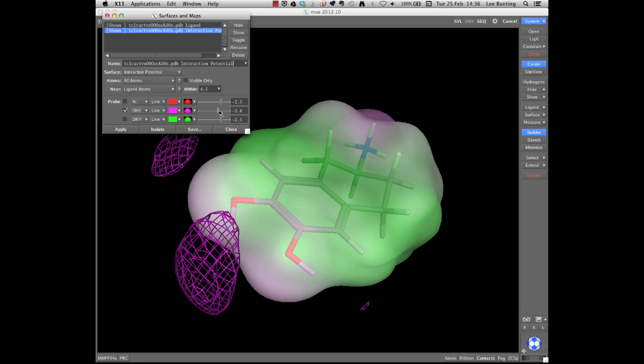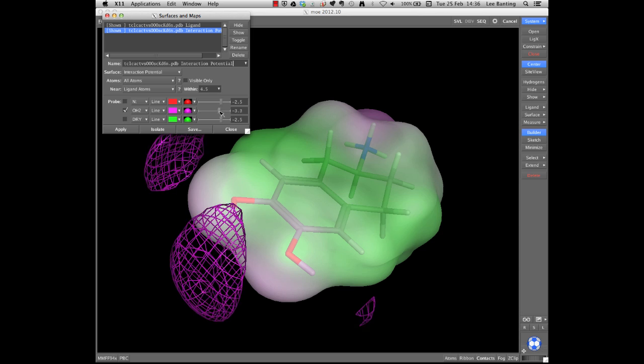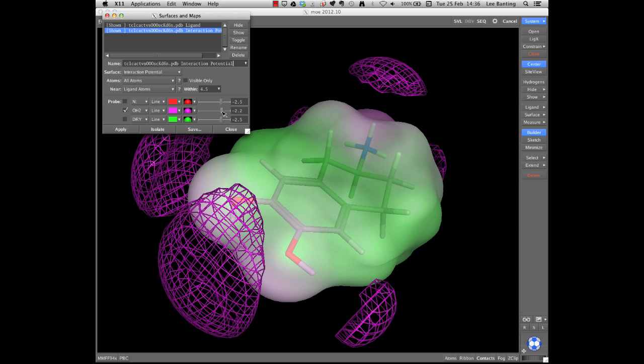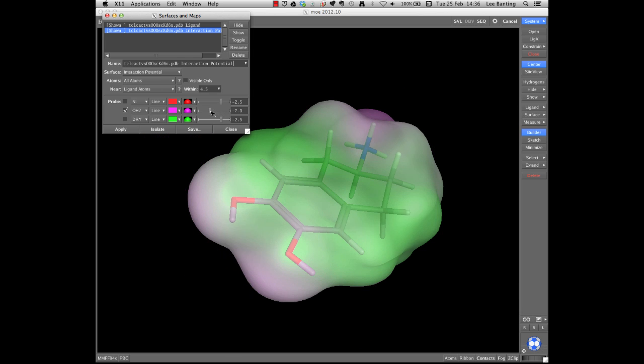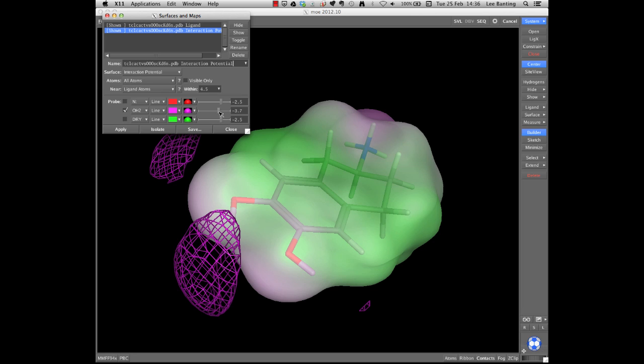If I make that energy larger, we pick up different sites where a water can sit. If I make it smaller, you can see that we narrow the points down to individual points within a grid. So Mo selected that to start to show where waters would like to interact.